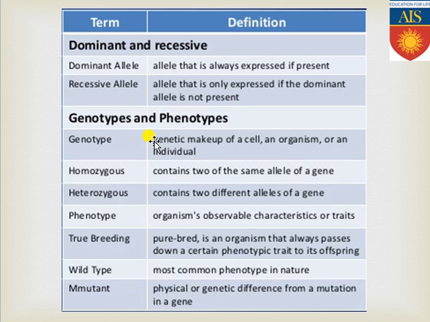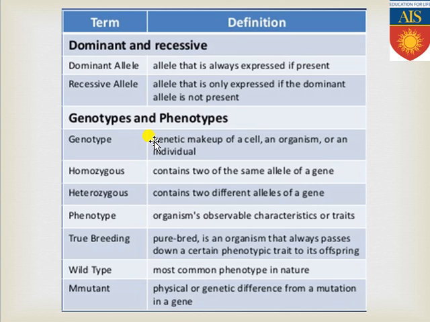So if both allelic forms present in both of the homologous chromosomes are the same or similar, that genetic makeup will be considered homozygous. And if the alleles in the two homologous chromosomes are different, those individuals will be considered heterozygous.